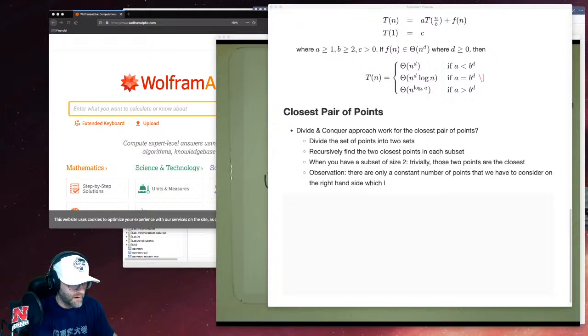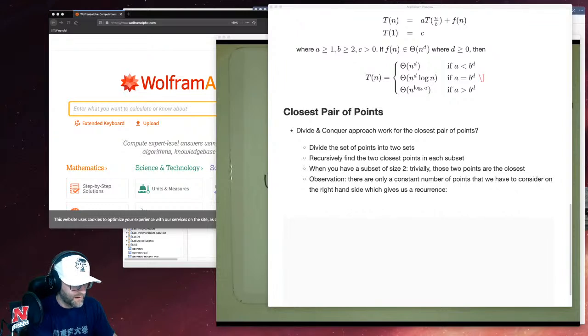Which gives us a recurrence of c sub n is equal to 2 c sub n divided by 2 plus some order n function. By the master theorem, this gives us, I'll do it, theta n log n. There we go. Yep. All right. Check for questions.